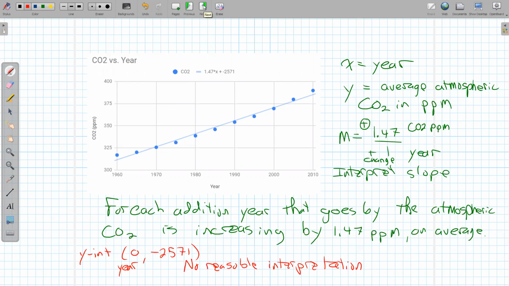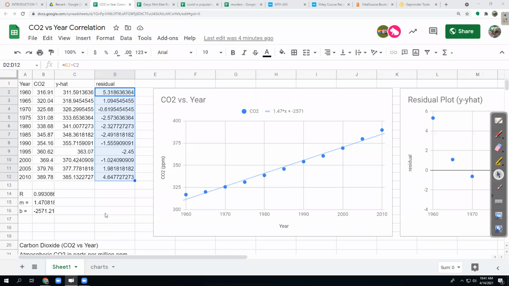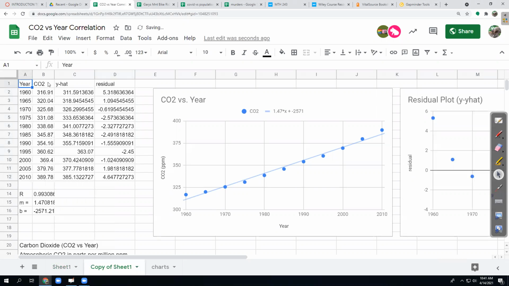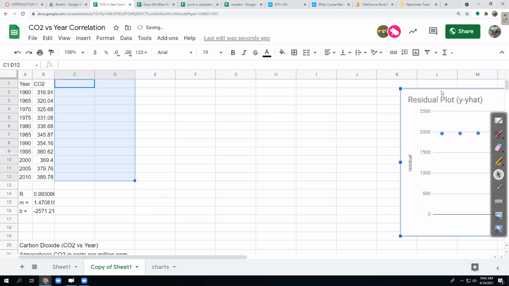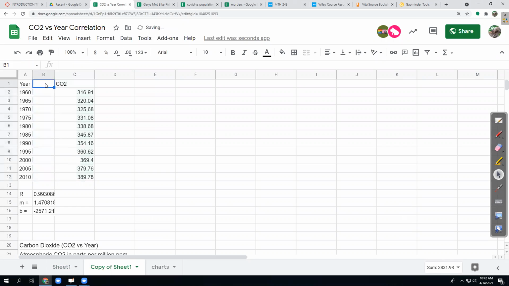Sometimes you do, so I'm going to tweak this a little bit to give an example of when we might have a reasonable interpretation. Let's make a copy of this, duplicate, get rid of some stuff here, and slide this over. I'm going to introduce a new variable, T, which is years after 1960.